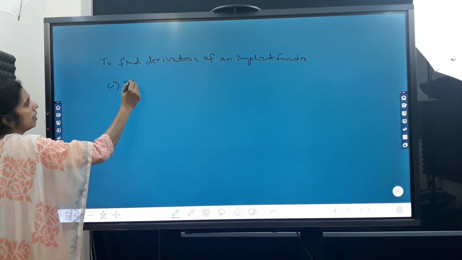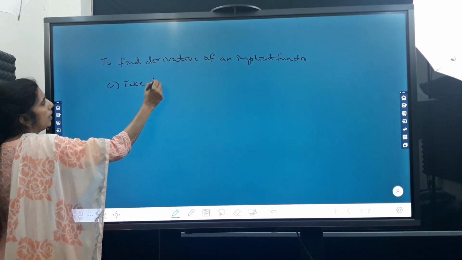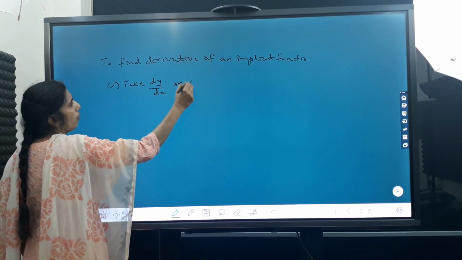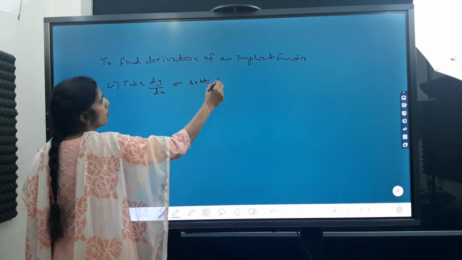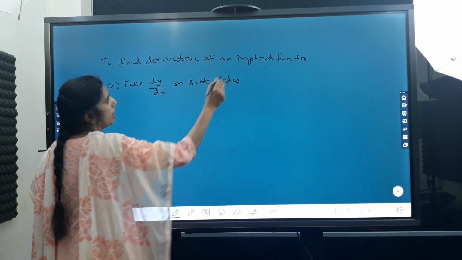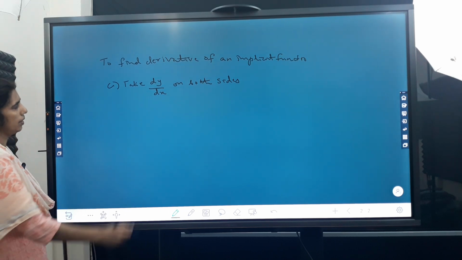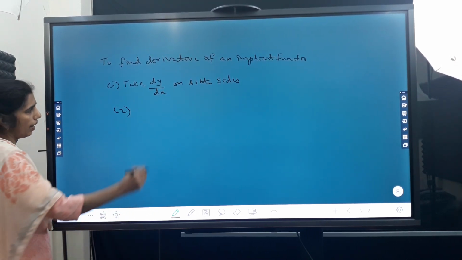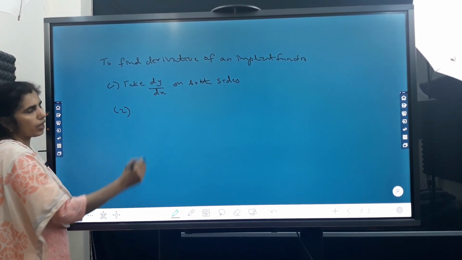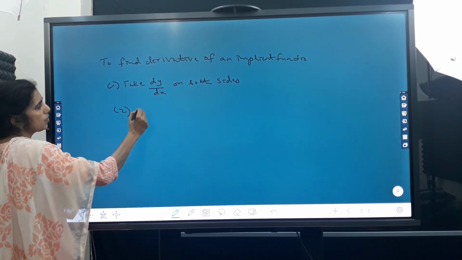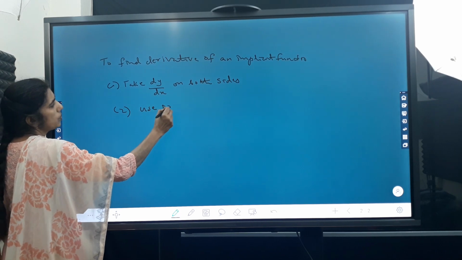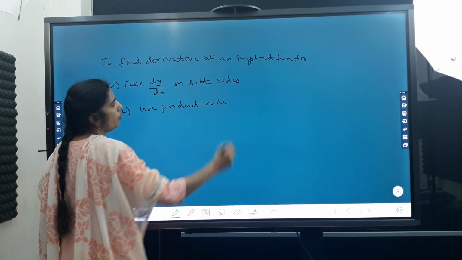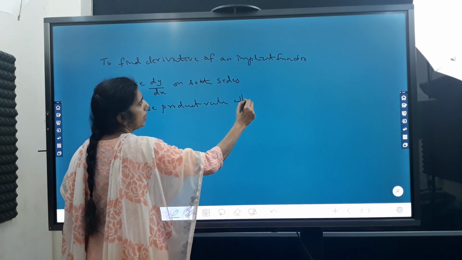So take d by dx on both sides of the equation. Now, when there is a product of functions, use the product rule wherever applicable.